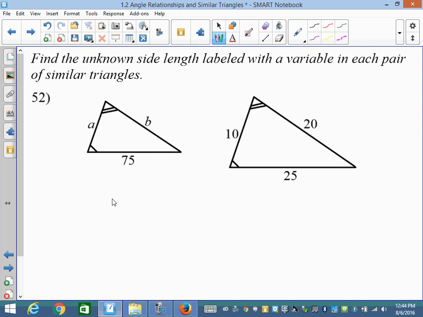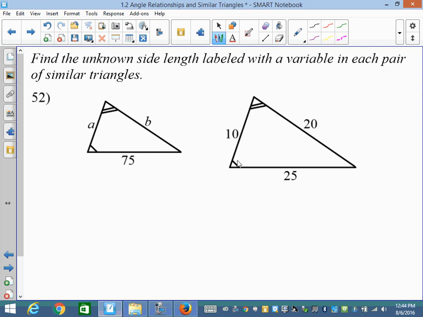So next one, this time you're looking at the sides. They're not giving us any information about the angles. We can't go, oh, well, this one's 30, so this one's 30. No, we don't know it's 30. We can guess, but we don't know. But we can identify now, and I'm going to throw something out there that you guys should recognize right away.